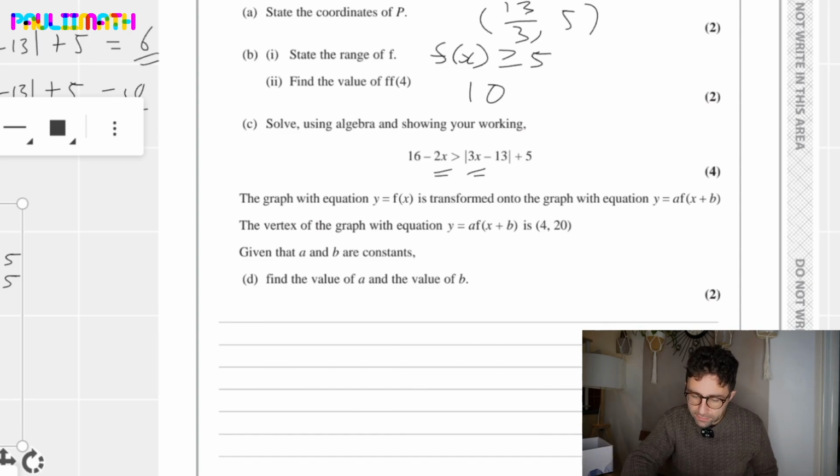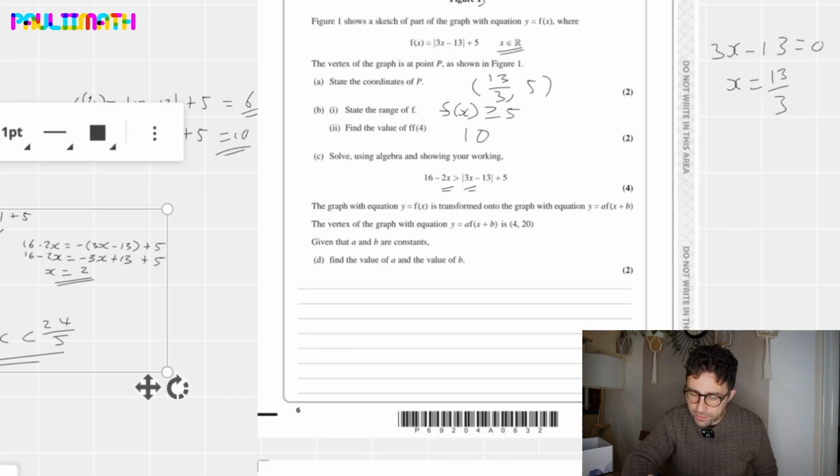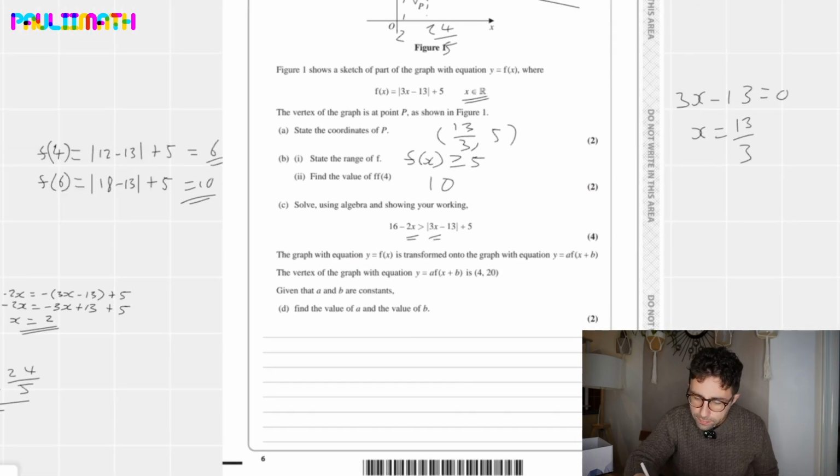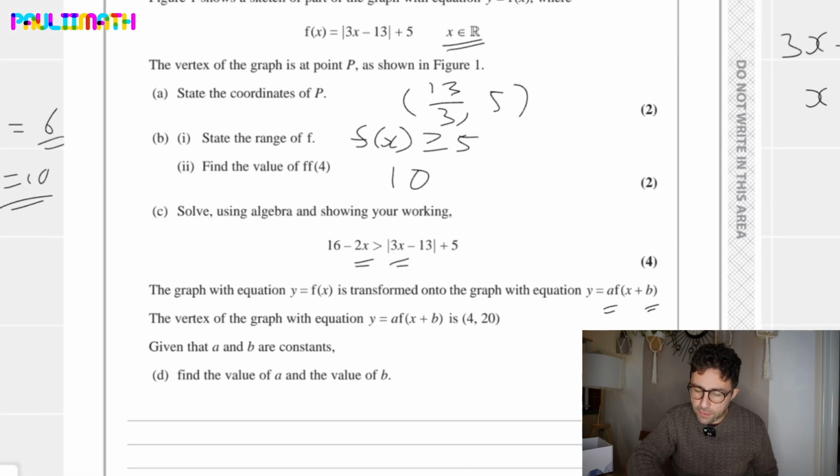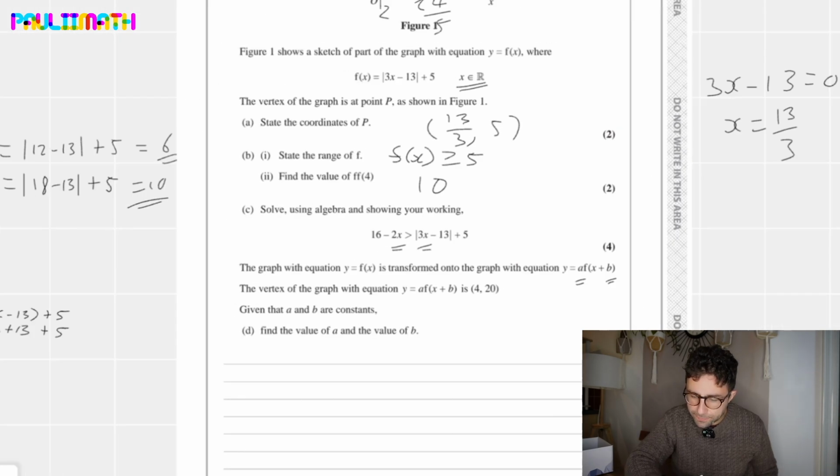We've got the vertex of the new one to find the value of a and b. Transformations: vertical stretch, that a at the front, and horizontal shift, that b inside. So what did it start off as again? 13 over 3.